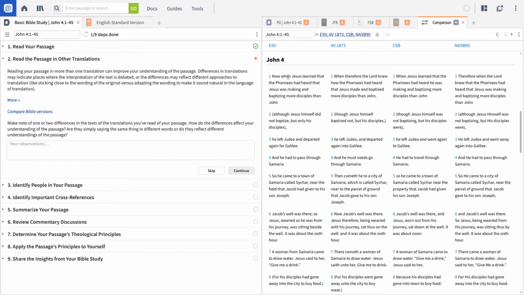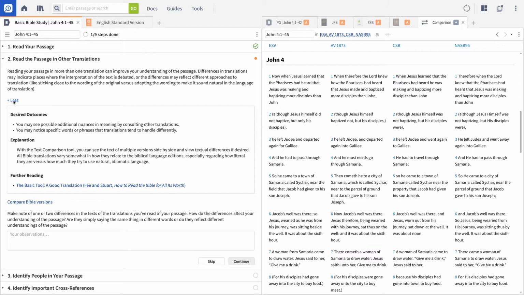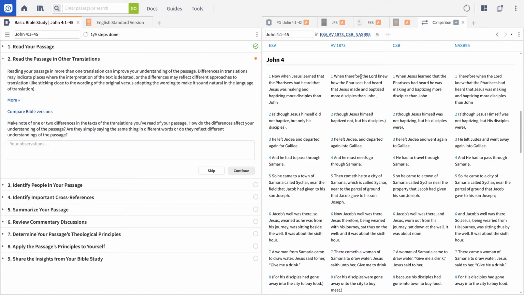So let's see. Now, when Jesus learned... Okay, that's ESV, so we already read that. When therefore Jesus knew about how the Pharisees had heard the baptisms that Jesus made and baptized more disciples than John. Actually, let's see what is more... I just realized there's actually something a little more useful.